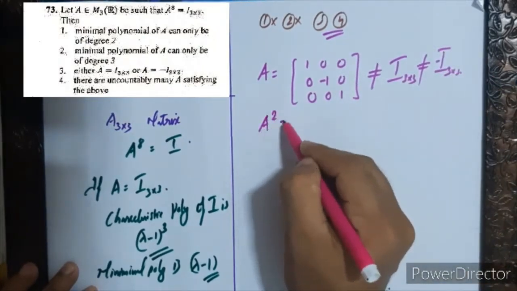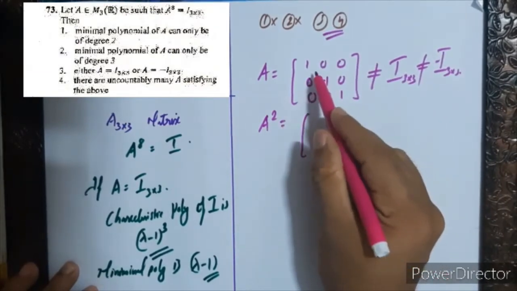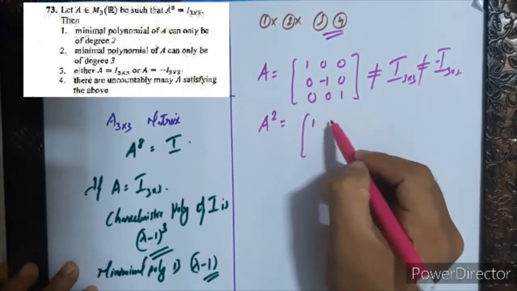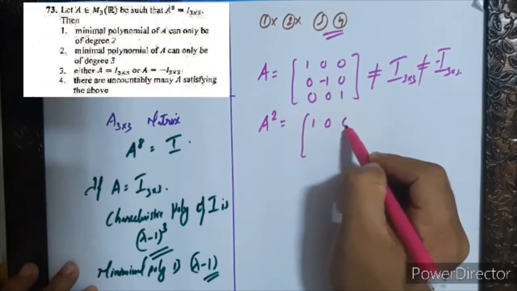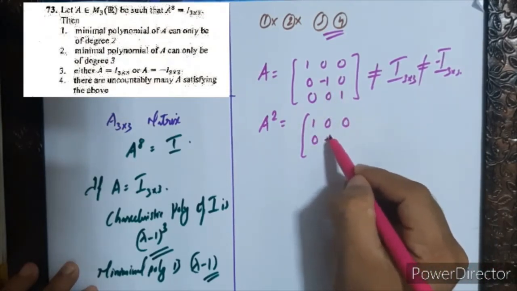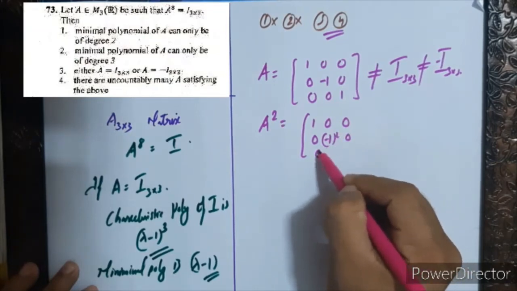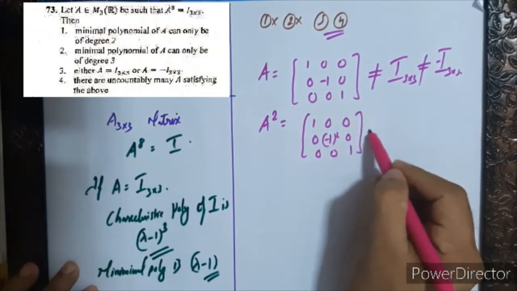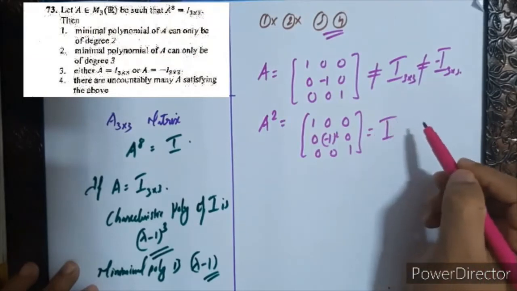Then what about A square? Since this is a diagonal matrix, A square is diag(1, (minus 1) square, 1), which is equal to I.